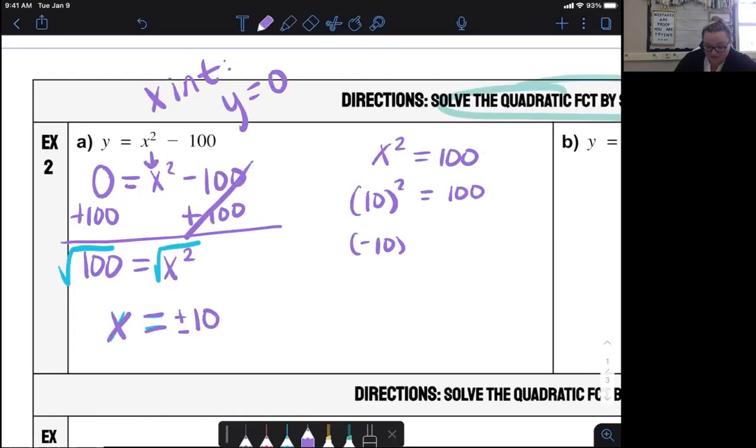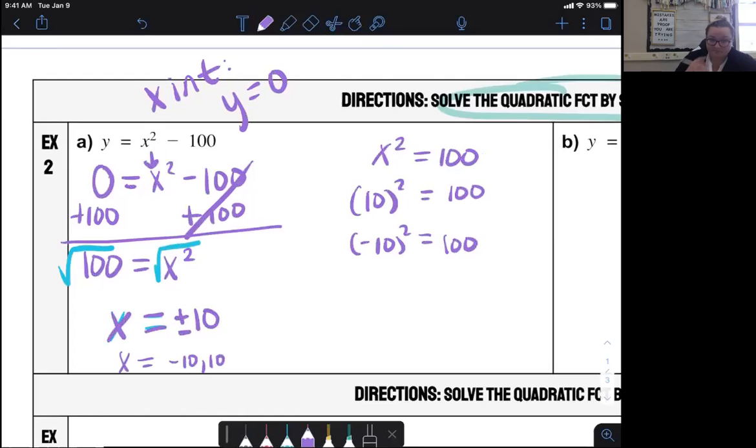But negative 10 squared, negative 10 times negative 10, is also positive 100. So we actually have 2 values. Anytime you take the square root of a number, you get 2 answers. You get the positive and the negative. So we write that as positive and negative 10. Or you could write it as negative 10, 10.